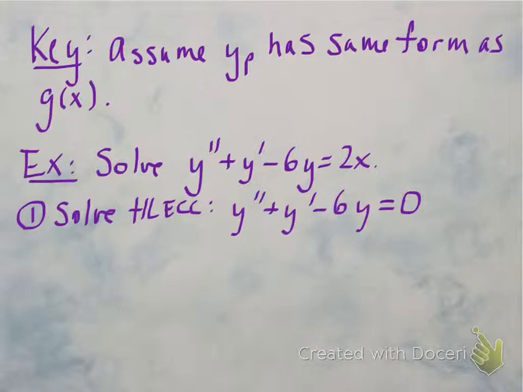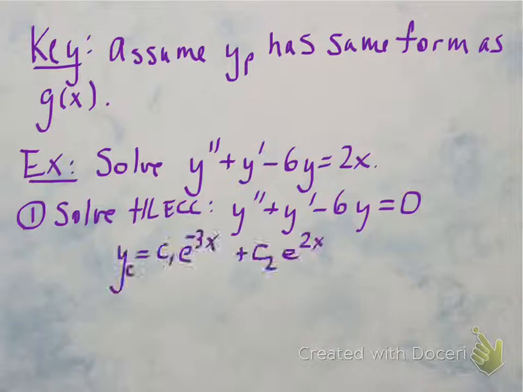I'll assume that you are experts with that by now, and you get that your complementary solution is c1 e to the minus 3x plus c2 e to the 2x. Now to solve the non-homogeneous differential equation, we need to find a particular solution to the non-homogeneous case.